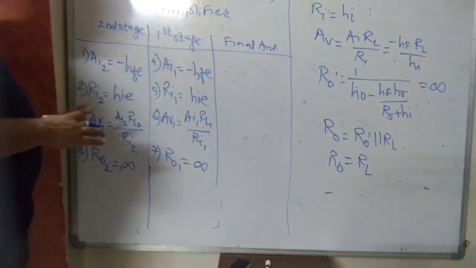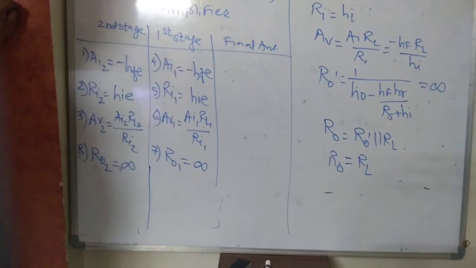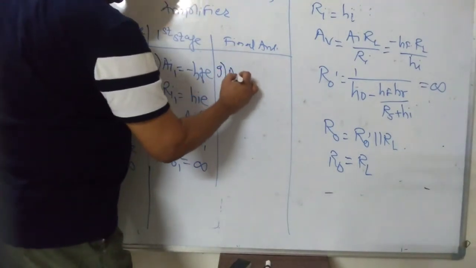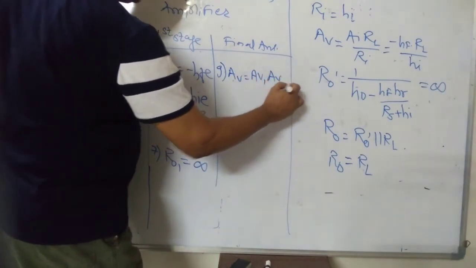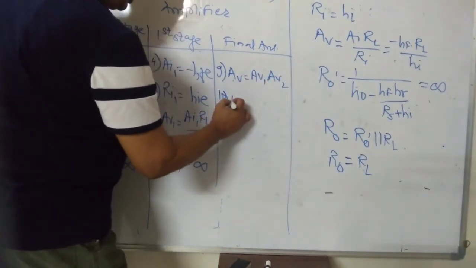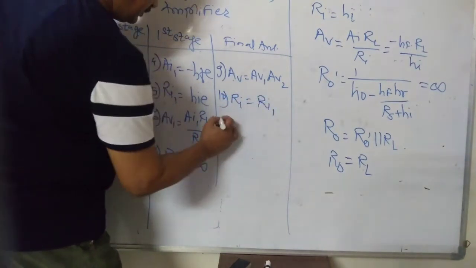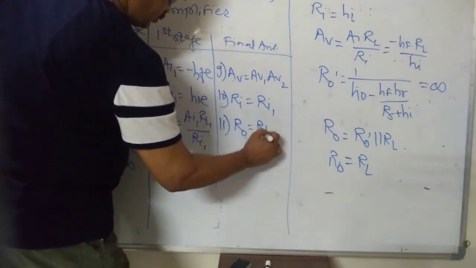These are the answers for the first stage and second stage, individually. And now the final answers. Number 9, total AV is AV1 into AV2. Total RI equal to RI1. RO equal to RL2.